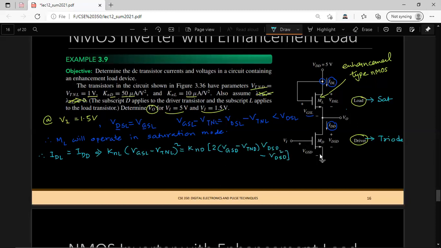Okay, so this should be the equation and we need to plug it in now.